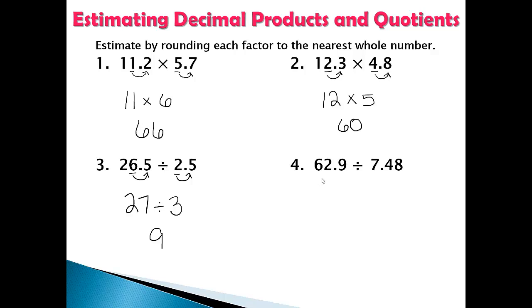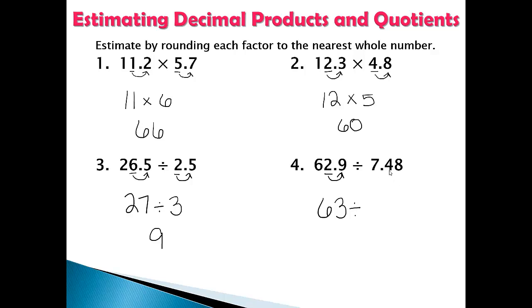And now for number 4, we have 62 9/10 divided by 7 48/100. So for 62 9/10, we are rounding the 2, and the 9 in the tenths place tells us that we're going to round this 2 up, since that is larger than 5. So we're going to round up to 63.